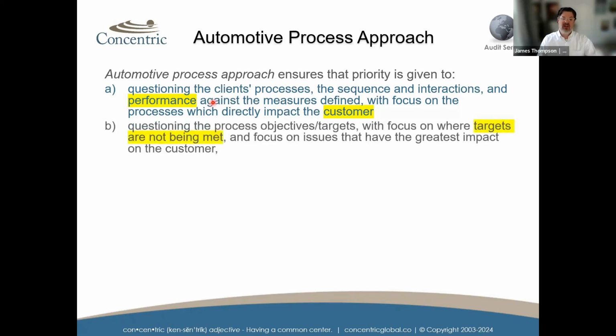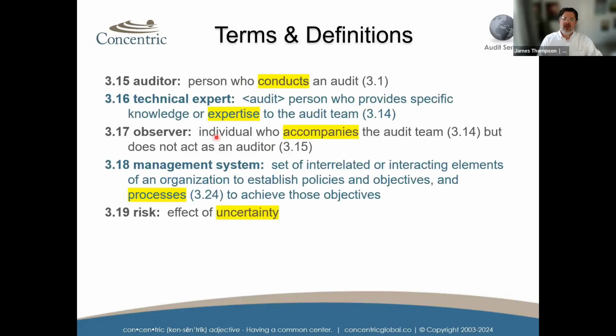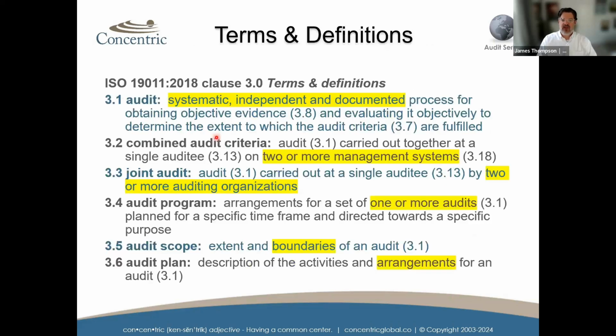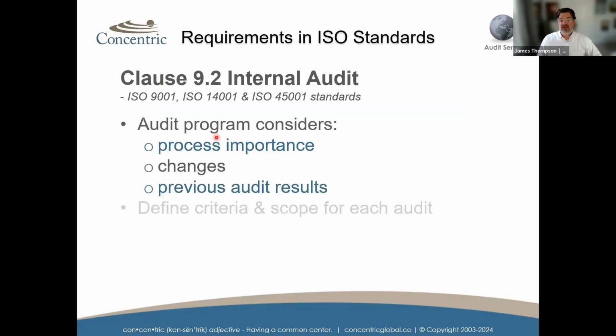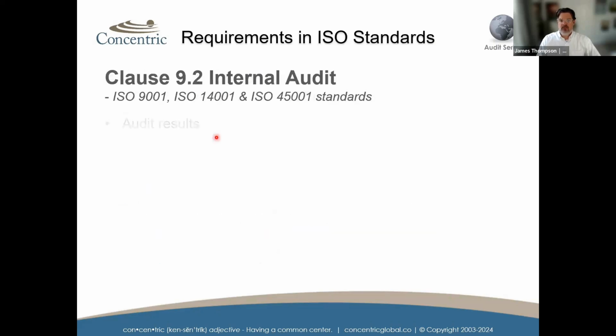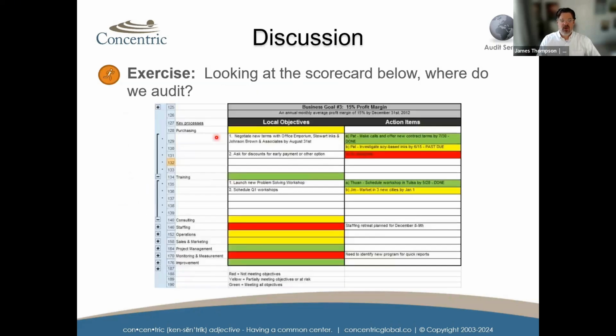Number two, or B, is questioning the process objectives and targets with a focus on where targets are not being met. If we go back a few slides, you can see these illustrations. The answer to the question posed in the exercise, where do you look, is: you look at the reds, you look at the yellows.